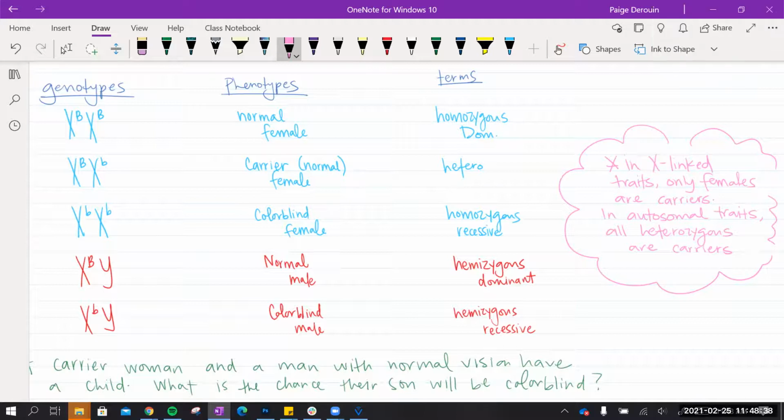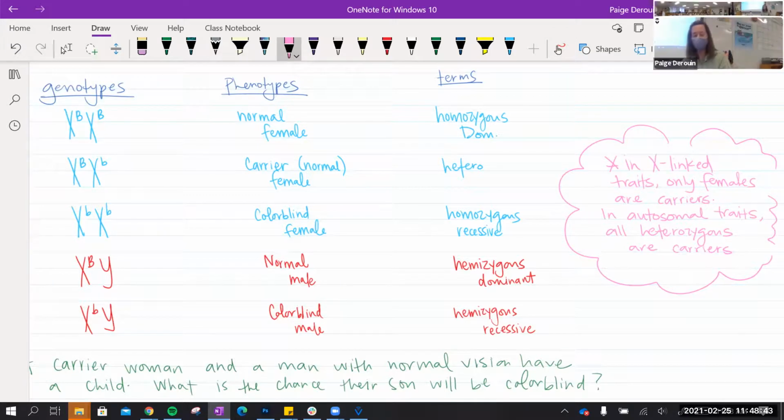So wait, why is it hemizygous? Because isn't it Y and allele? It's hemizygous because there's only one allele for the trait, and hemi means half, like basically you only have half of the alleles. Instead of having two, you have one. So males for X-linked traits are called hemizygous because they only have one. Go ahead, Megan. For any autosomal traits, could they also be hemizygous?